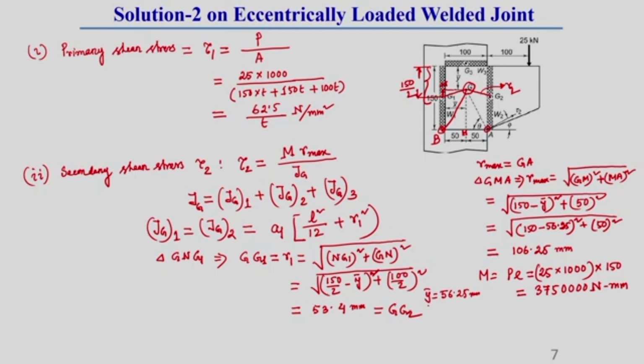So, here by putting this R1, A and L value, we are getting equation number 1. In equation number 1, L is 150 millimeter, R1 is equal to 53.4 millimeter, and A1 equal to A2 equal to L, the length of this vertical weld, into T. So, the length of the vertical weld is 150 and T is the thickness.